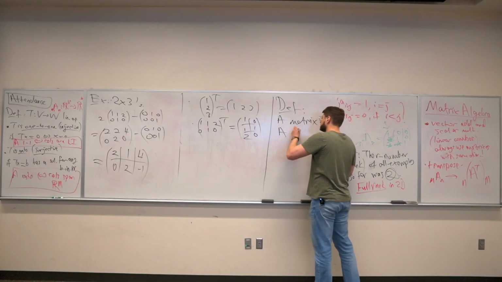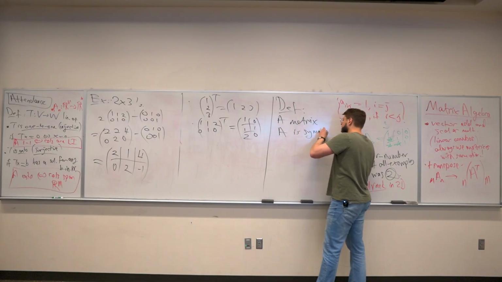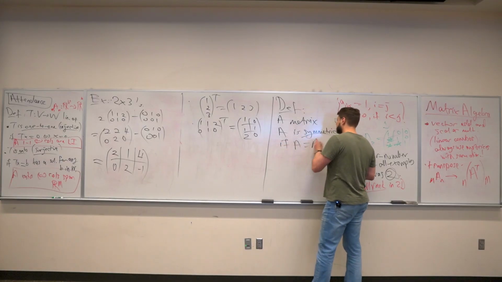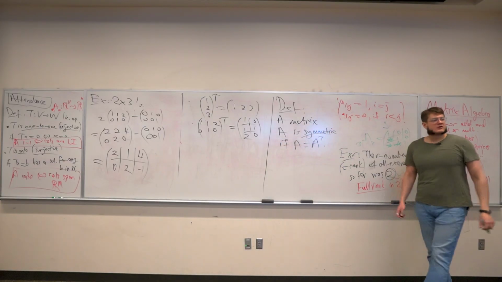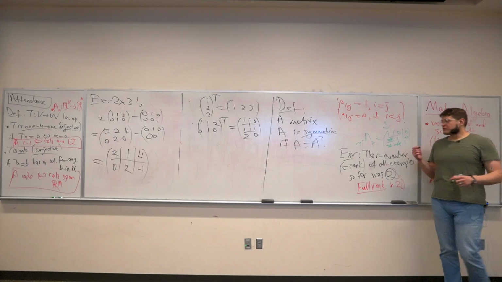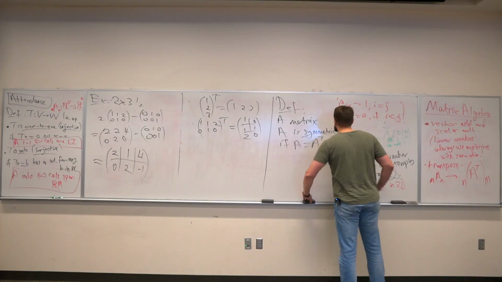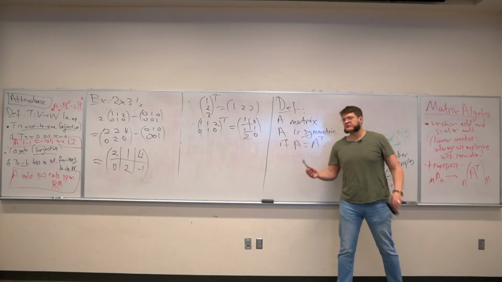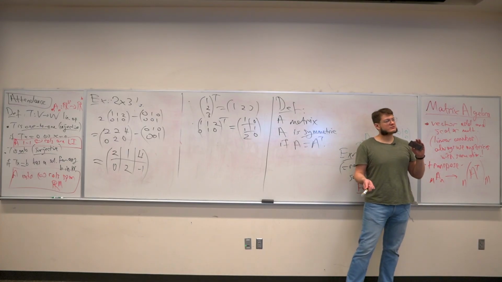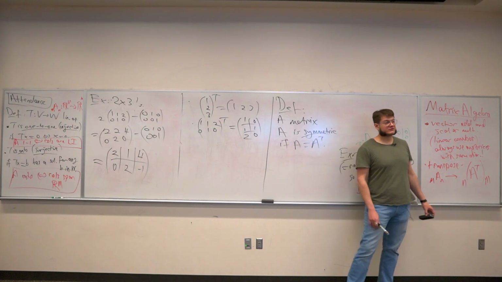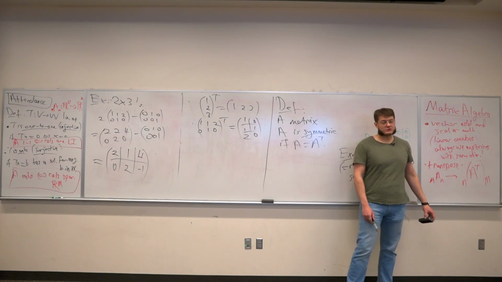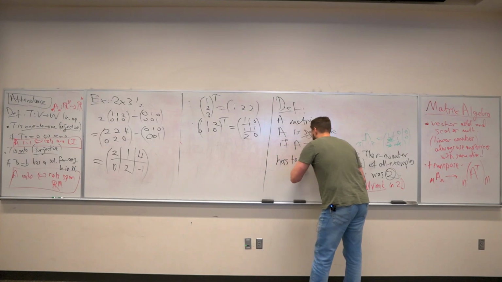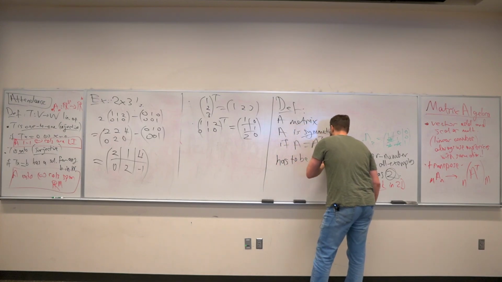Matrix A is symmetric if A equals A transpose. Now, what can we deduce from this at this stage? Because taking the transpose interchanges rows and columns, certainly this has to be a square matrix, first of all. It has to be n by n.